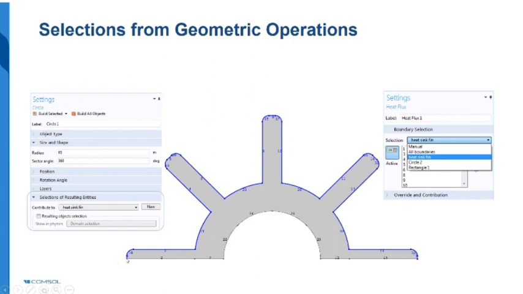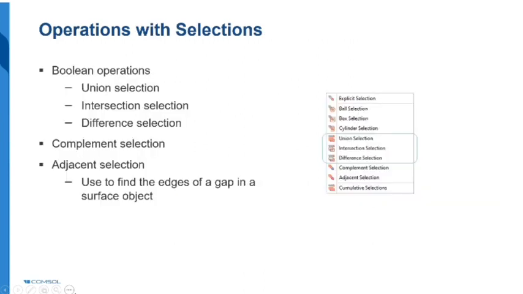So all the boundaries resulting from that particular geometry operation will be available under that particular selection itself. In such cases, you will not have to put in any extra effort to create selections separately. While building the geometry itself, you can say which selections you want to create and which geometry operation should contribute to which selections. All these options are possible.